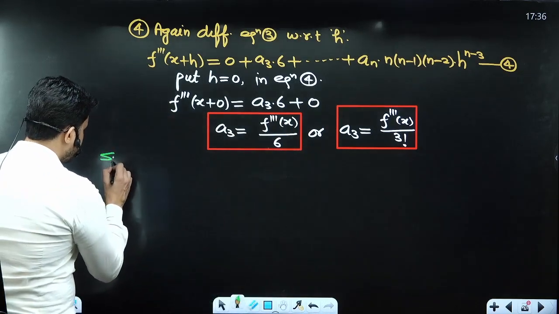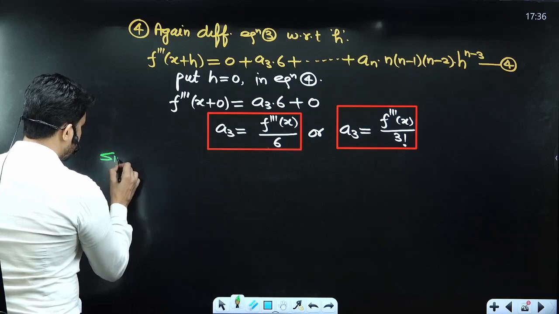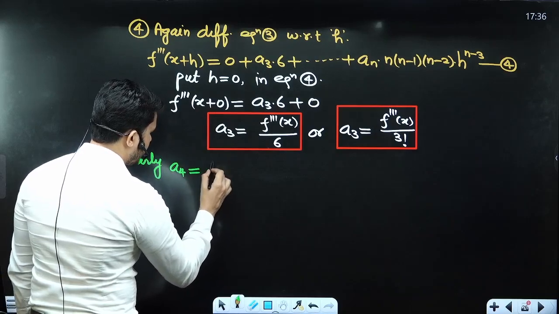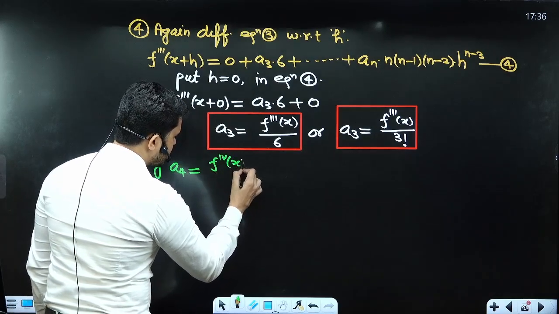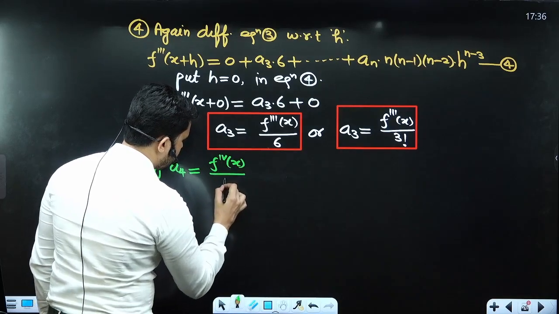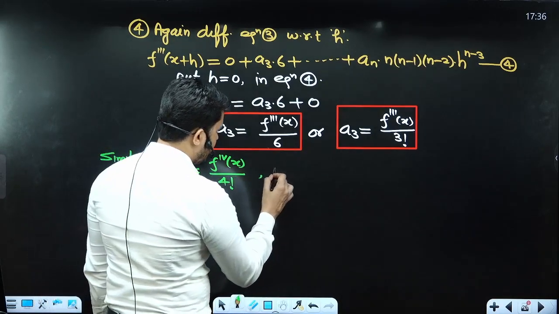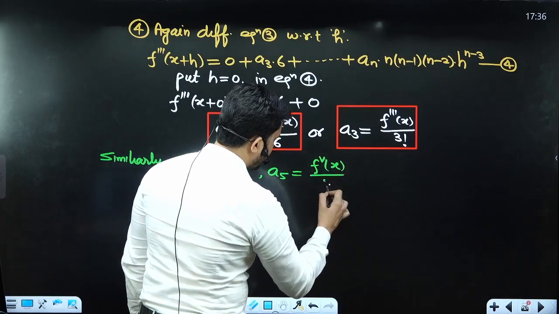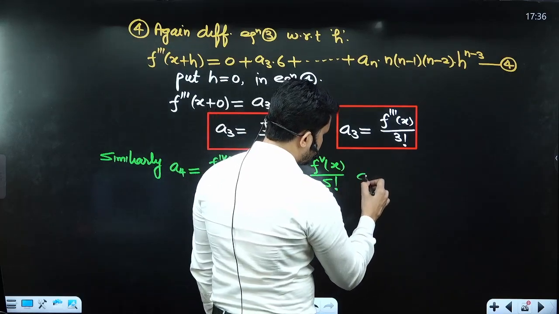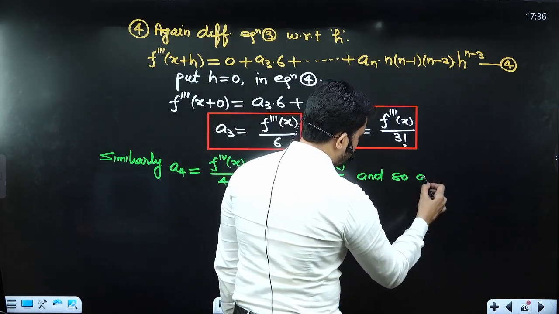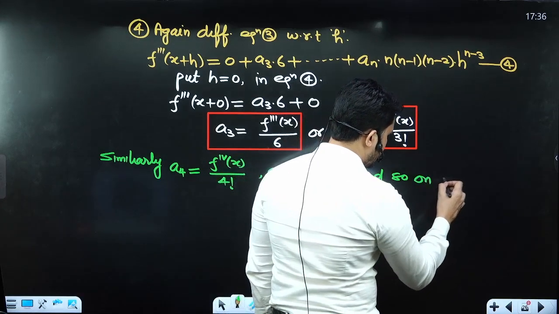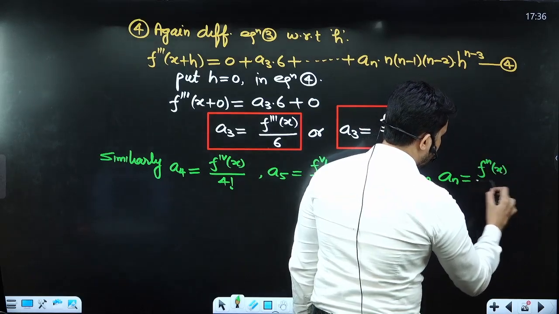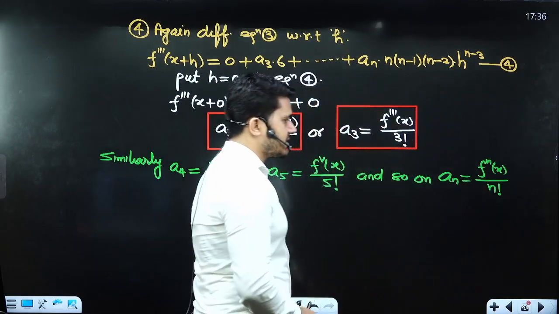So similarly, a4 will be f differentiated 4 times of x upon 4 factorial. a5 is f differentiated 5 times upon 5 factorial, and so on. a n is equal to f n times differentiated of x upon n factorial.